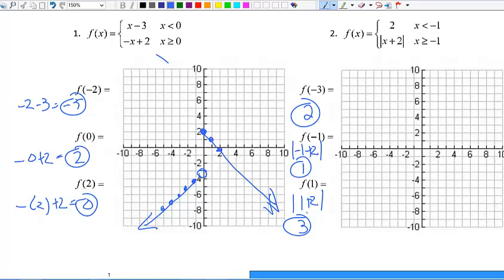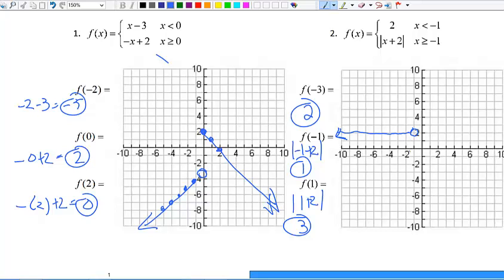Okay. And then I'm going to go back to this transition. At the transition of negative 1, there's an open circle at 2. And pretty much anything smaller than negative 1 is going to have a y value of 2, so I can fill in that straight line right there.